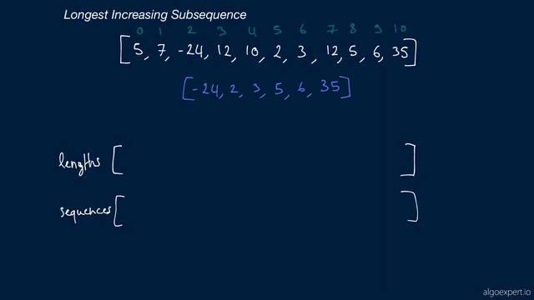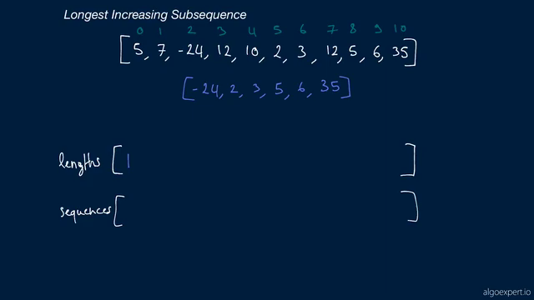So this is going to be a lot clearer as we start building this out. So let's start with the first index, right? At index 0, which we've written here, we've got the number 5. So we can say, okay, 5 is a number. So right now we've got presumably a longest increasing subsequence of length 1 that we can put here.